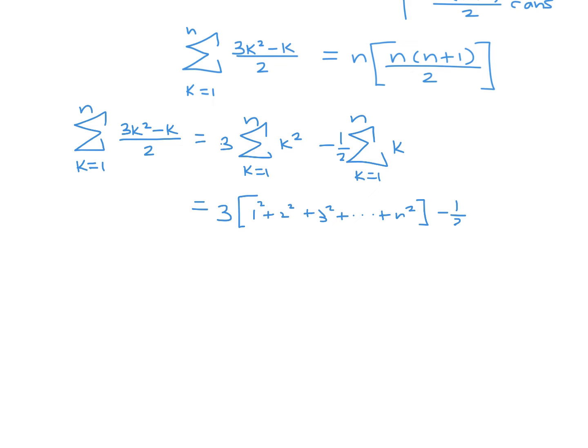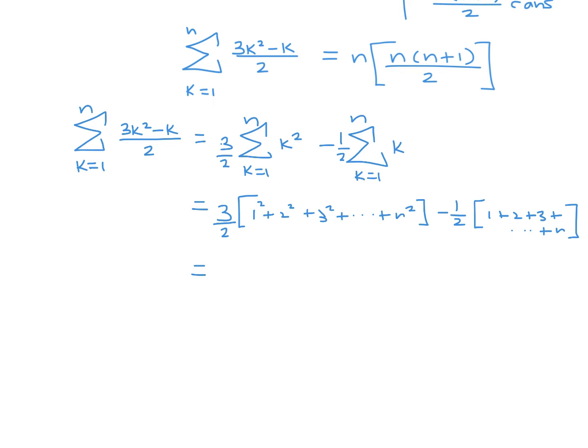And this is 1/2 times 1 plus 2 plus 3 plus dot dot dot all the way to n. All right, so sorry, this should have been 3 over 2, right? Yeah, sorry about that. That's okay. I caught it in time.